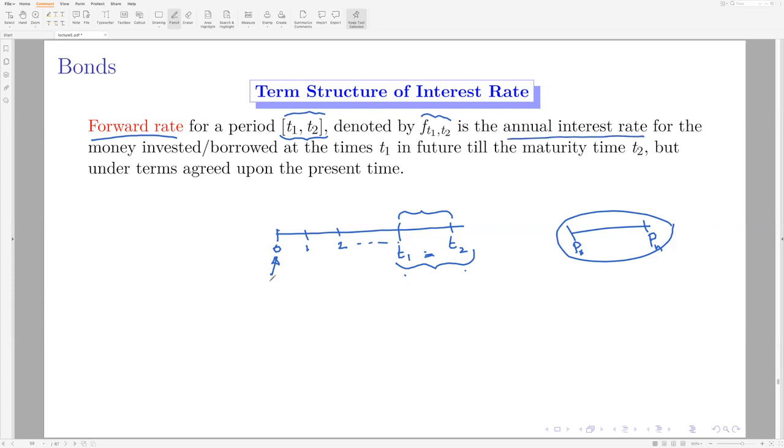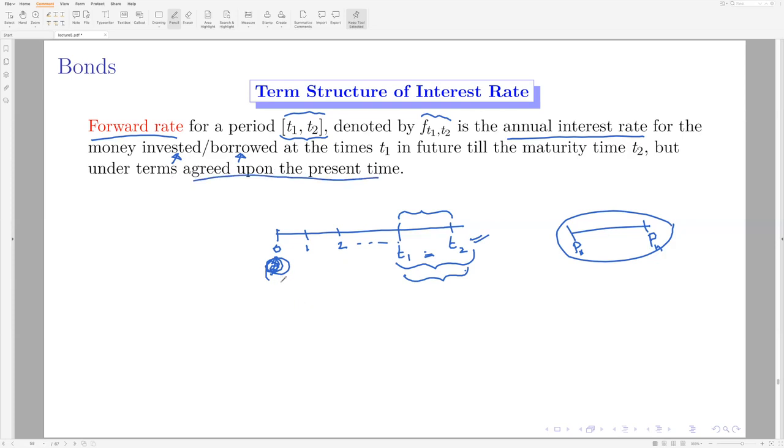Sitting here, you are deciding what interest you want to get at the future period. That's an annual interest rate for money. Either you may be investing for that or you would like to borrow money for that period at time T1 in future till the maturity time T2, but under terms agreed upon at the present time.